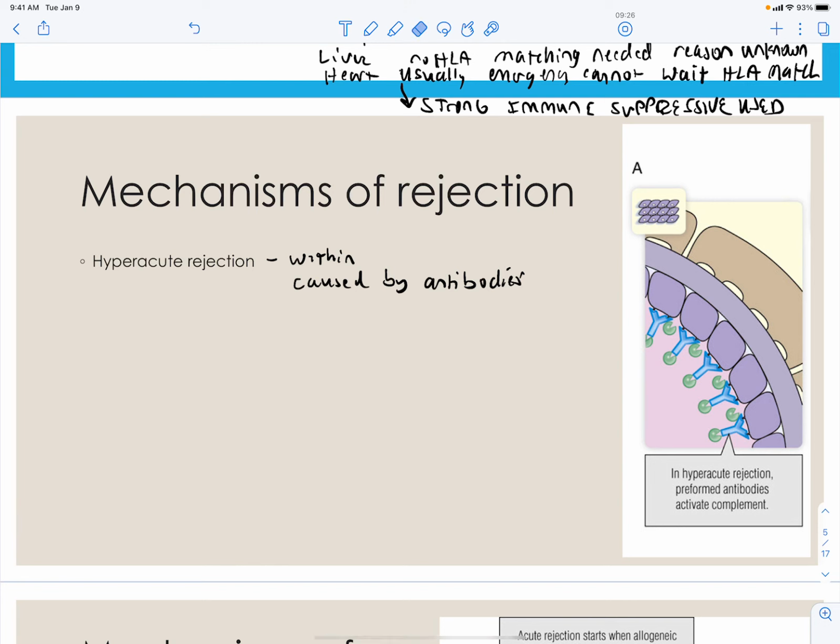This means that this is a memory response, or a B1 response, natural antibodies. Classically, this is caused by the recipient having anti-ABO blood group or HLA class 1 antibodies targeting the grafted tissue.